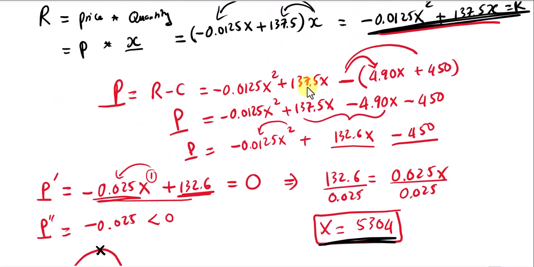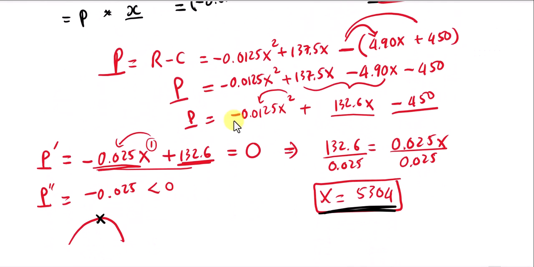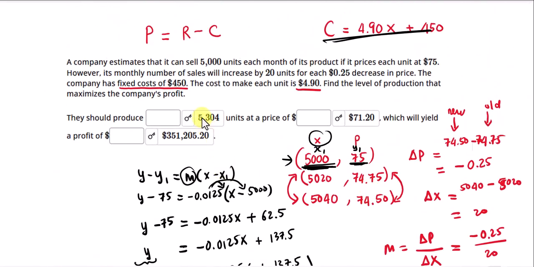Remember, x is the quantity. So this amount of units, 5,304, should be the value that maximizes the profits. And look at the answer: 5,304 units. They should produce this many units.